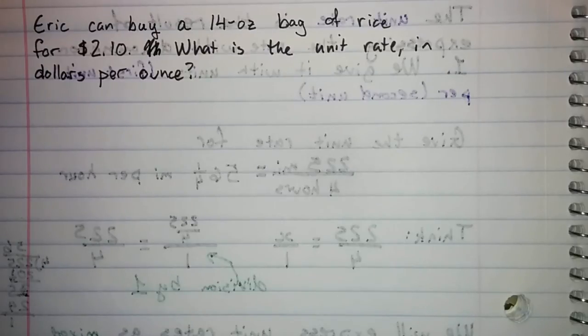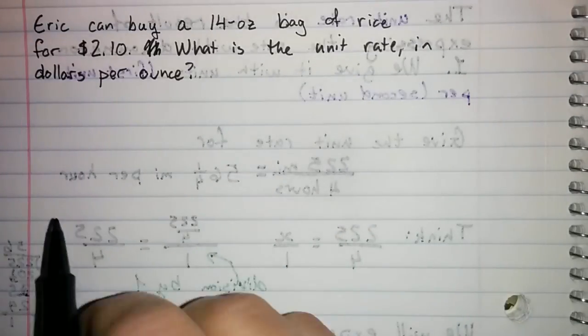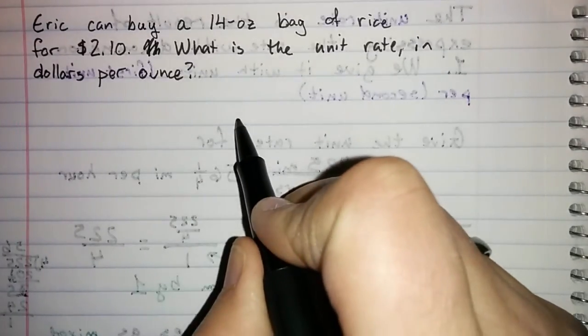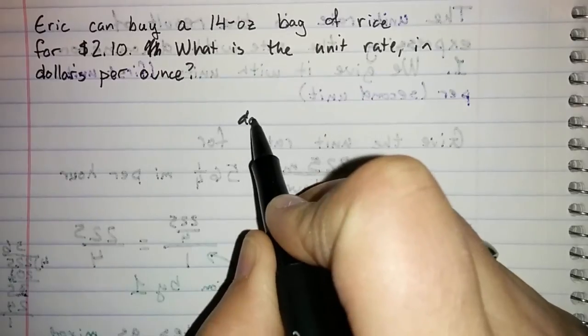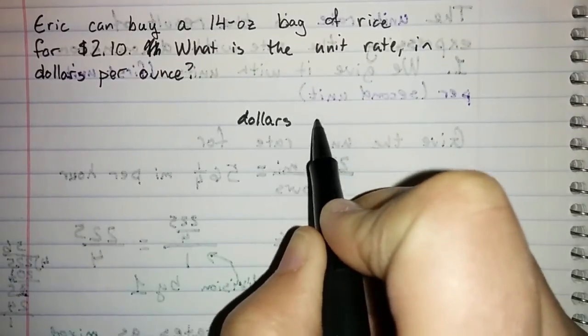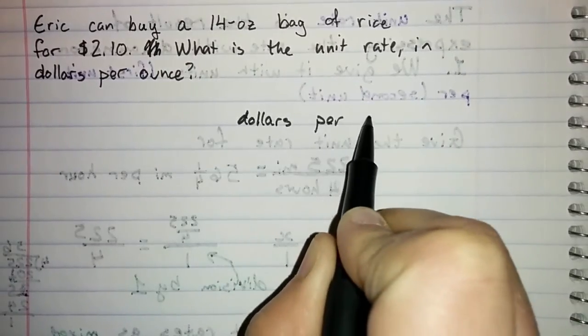All right. So we have a unit rate in dollars per ounce.